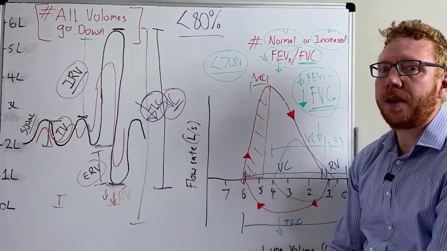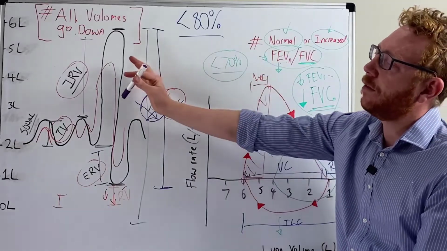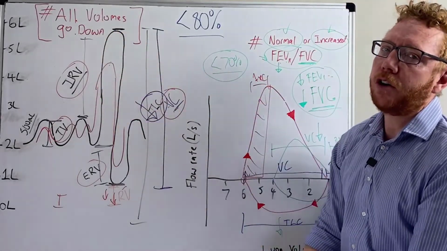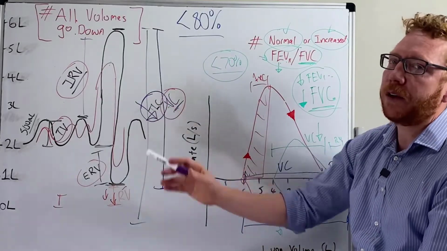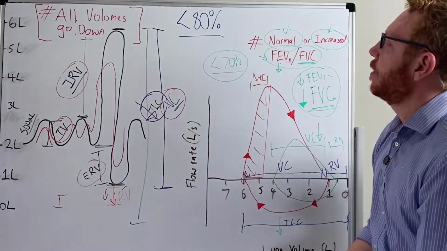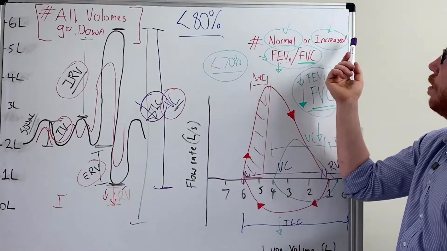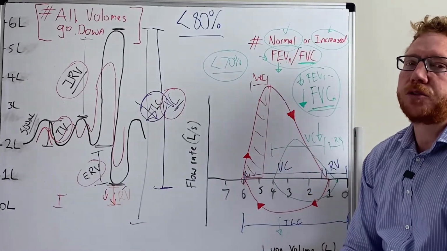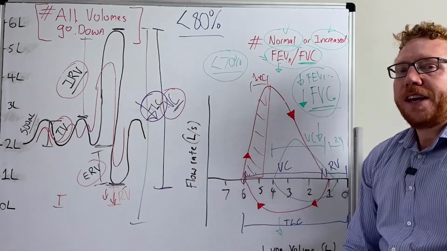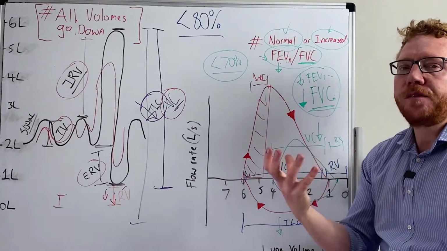So that's the take-home message you should remember. In the volumes and capacities, all the volumes and capacities go down in restrictives, but you're particularly looking at total lung capacity. And then in the dynamic testing, you're looking for a normal or an increased FEV1/FVC ratio in restrictives.